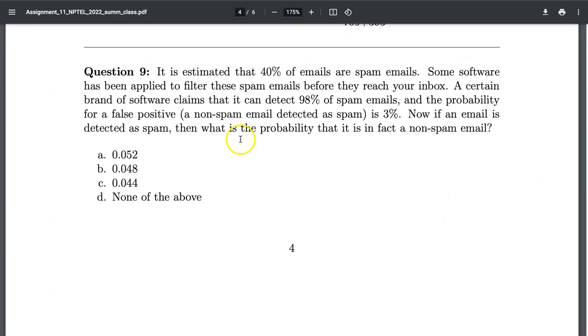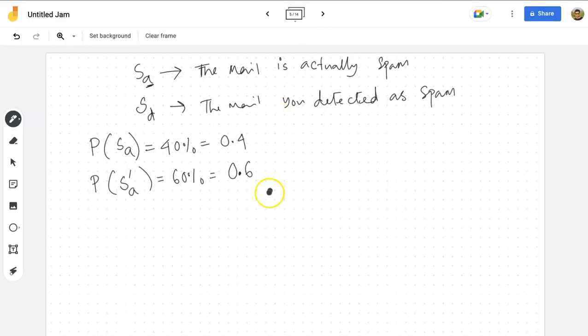Now what are the other things given? So given that a certain brand of software detects 98% of the spam emails. So they are saying that it can detect 98% of the spam emails. So the probability of detection of a spam email, given it is actually spam, is 98%.